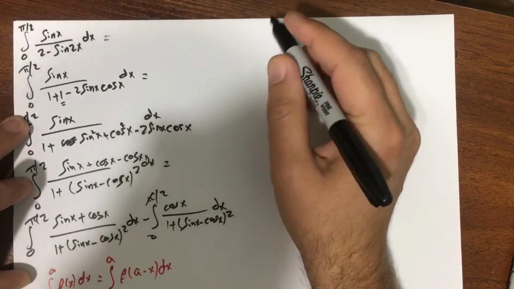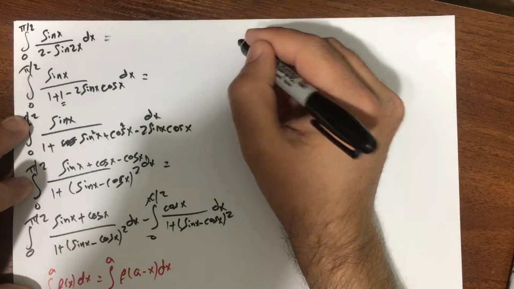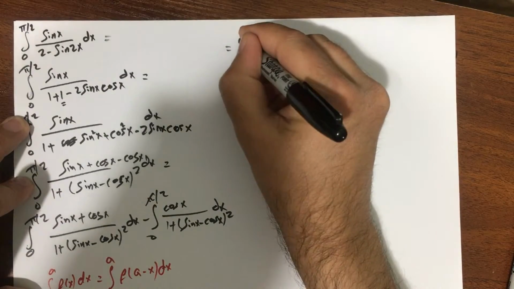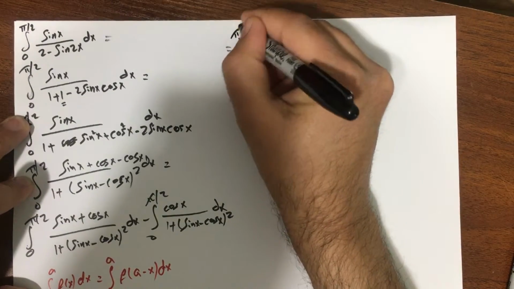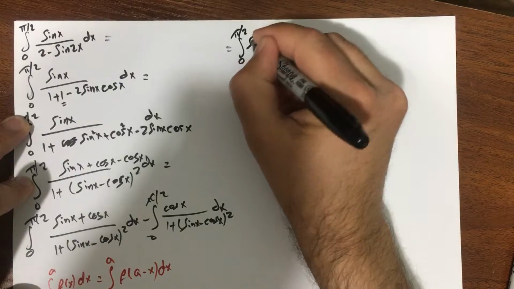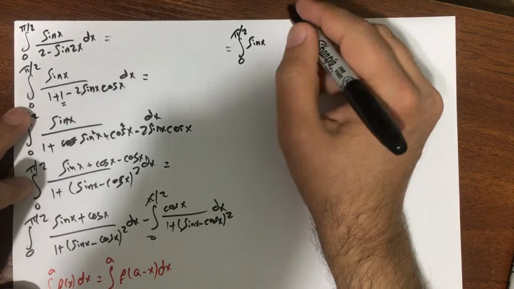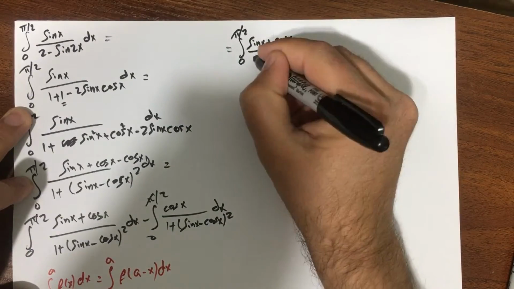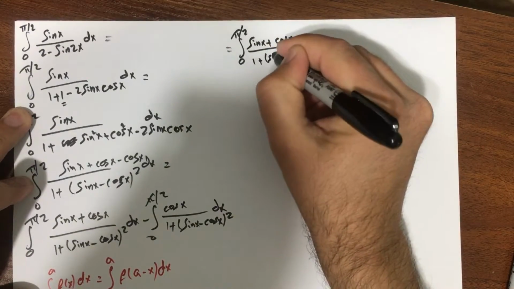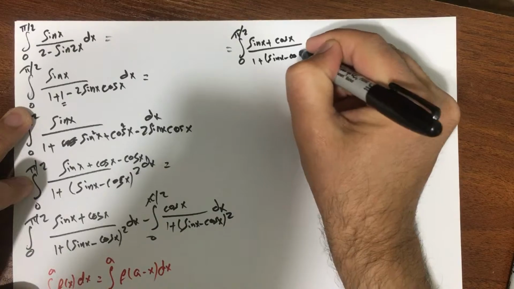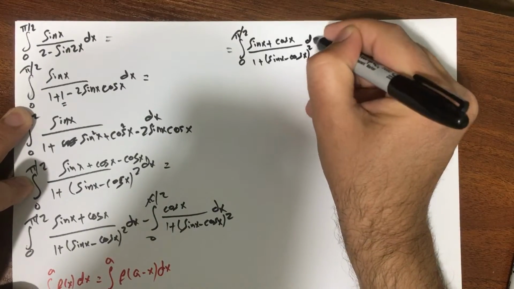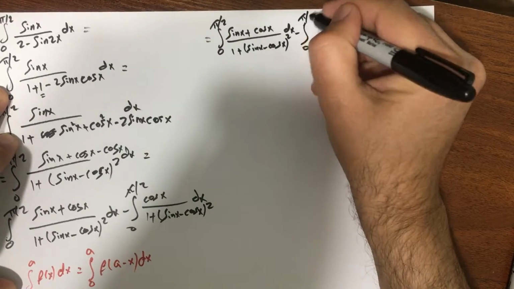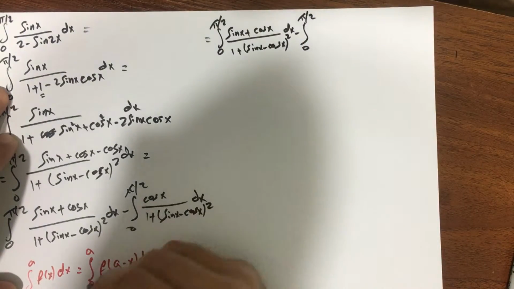And now using this property, this equals the integral from 0 to pi over 2 of sin x plus cosine x over 1 plus sin x minus cosine x squared dx, minus the integral from 0 to pi over 2. Now we use this property.